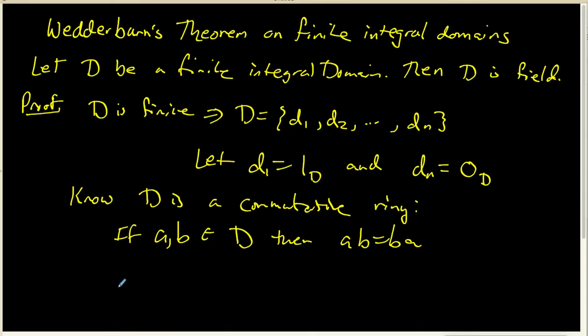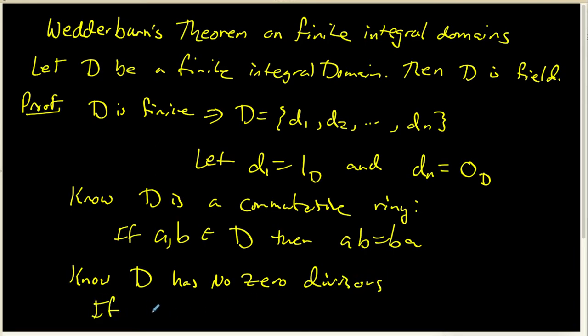We also know that there are no zero divisors. So because D is a domain, we know that D has no zero divisors. And what does that mean? Well, that says that if a is not 0 and b is not 0, then a times b cannot be equal to 0.